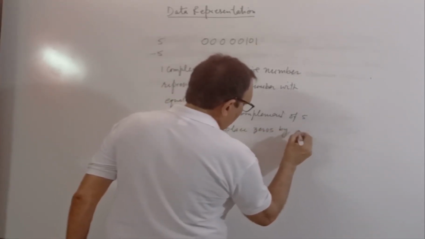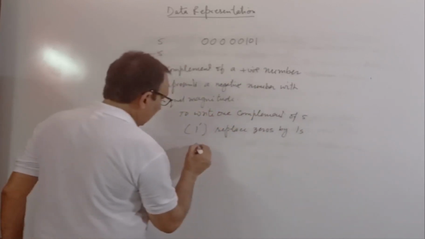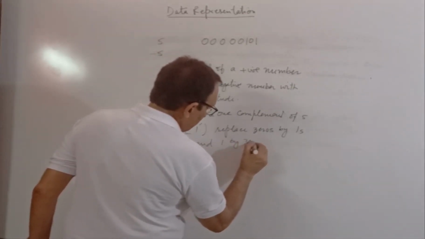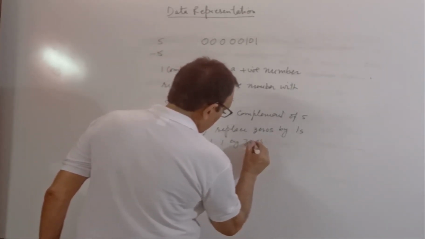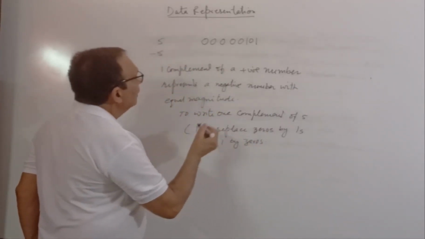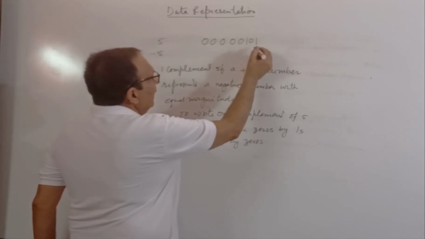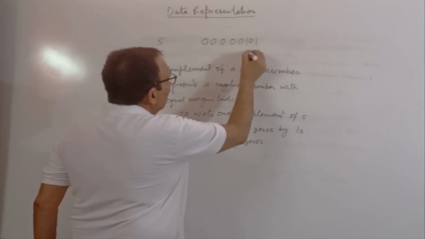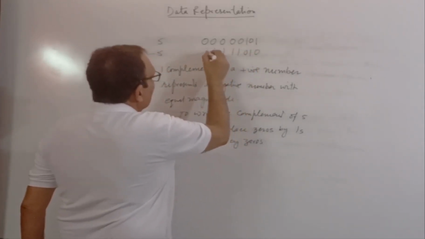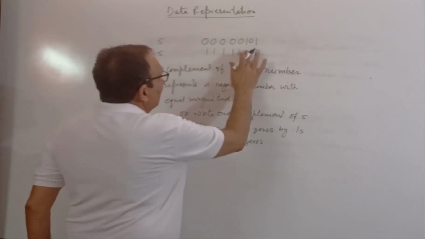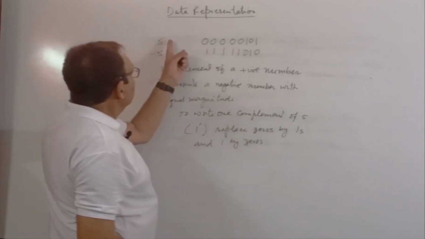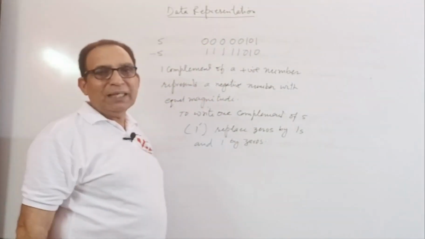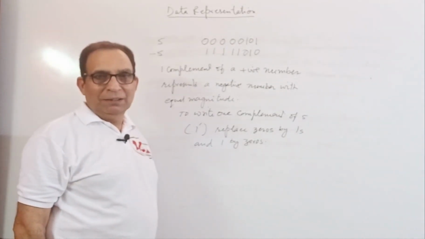It means what? Here, write in place of 1, 0, and this is 0, 1, and the rest are 1 1 1 1. This is the 1's complement of this binary number.